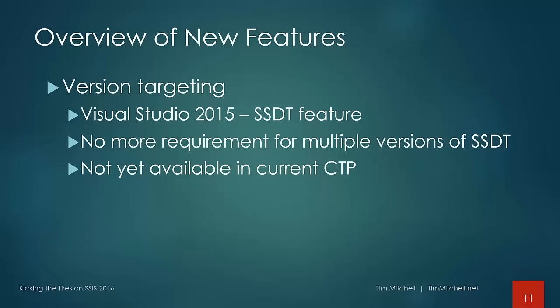Even if it is on a virtual machine, I have to maintain that media and all that. Starting in 2016, we will have the ability, or we're told that we'll have the ability, to have version-specific development, where if I'm using SSDT 2015, I can say I'm targeting SQL Server 2012, and it will generate a SQL Server 2012 package.